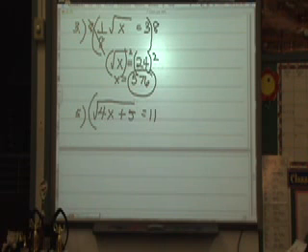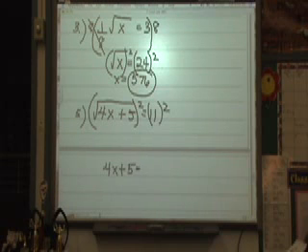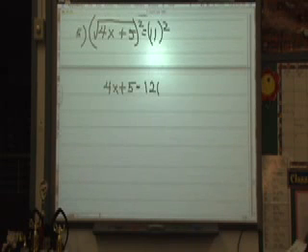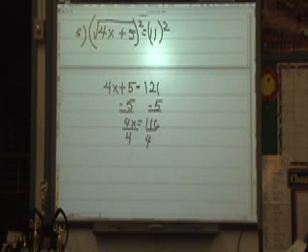The radicand is isolated, square both sides. So we have 4x plus 5 equals 121. Solve for x. Subtract 5. We get 4x equals 116. Divide by 4. And x equals 29.